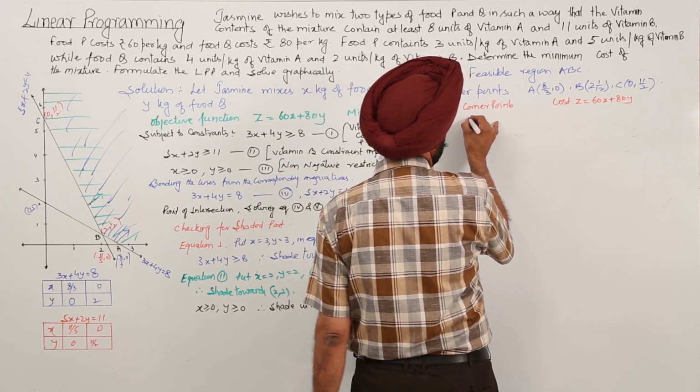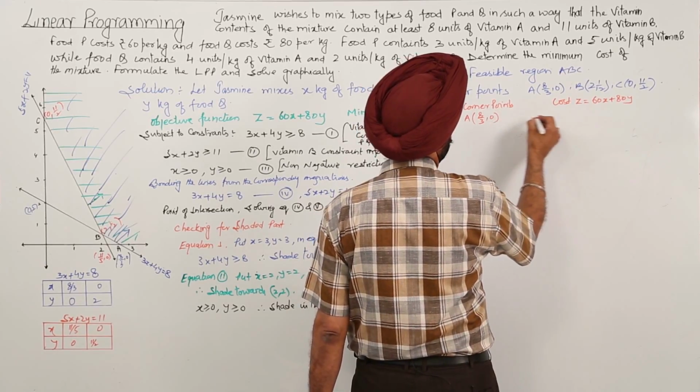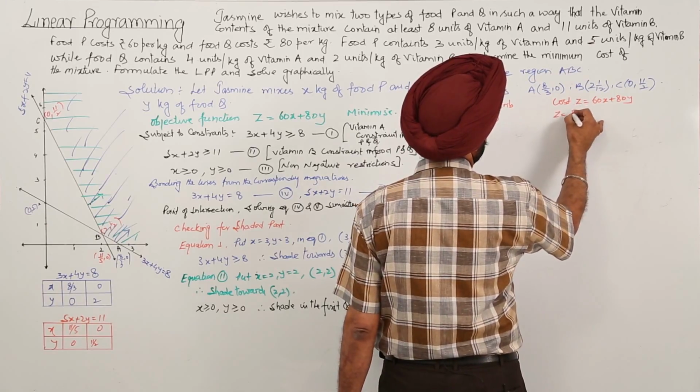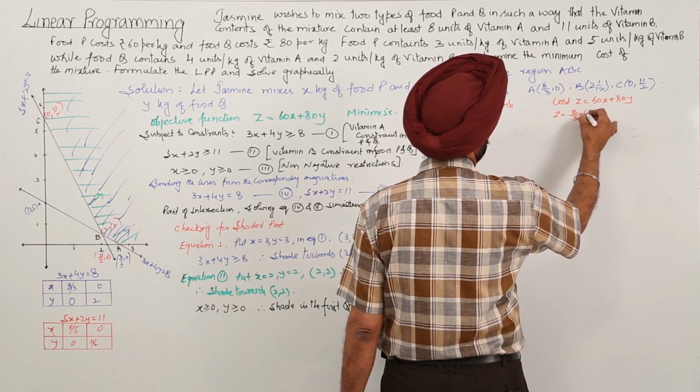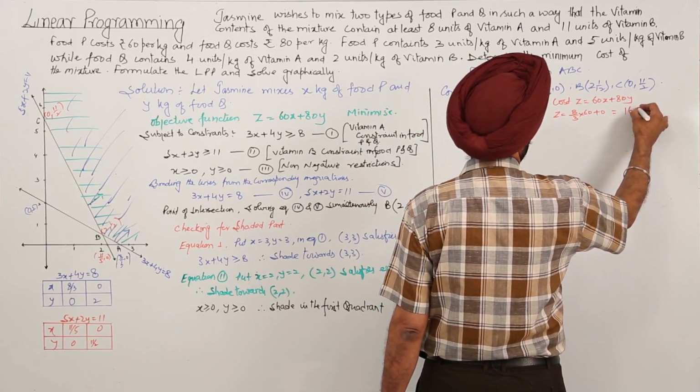Okay. Now at A, 8 by 3 comma 0, z is equal to 8 upon 3 into 60 plus 0. Now this is equal to 160.